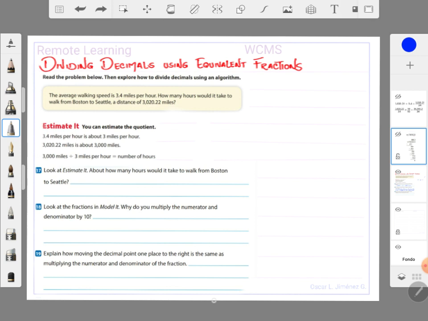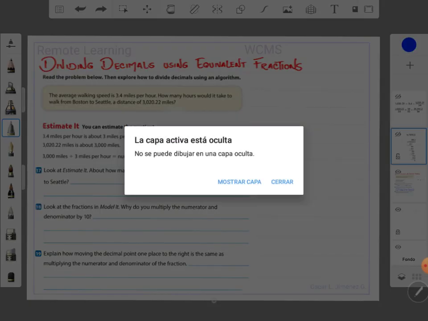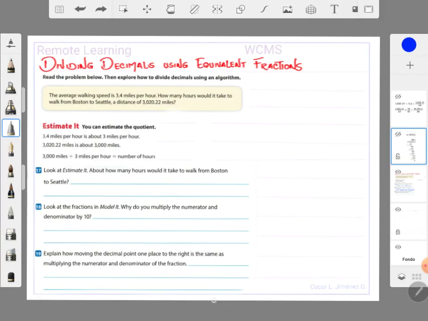Okay, so if you want to find the time you spend from Boston to Seattle, you must divide 3000 by 3. So it will be 1000 hours. That is too long.